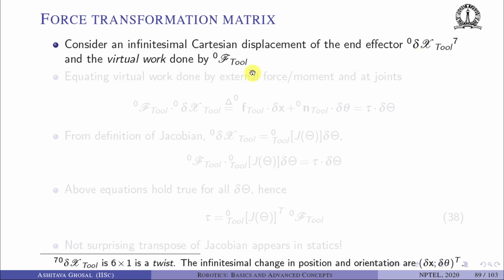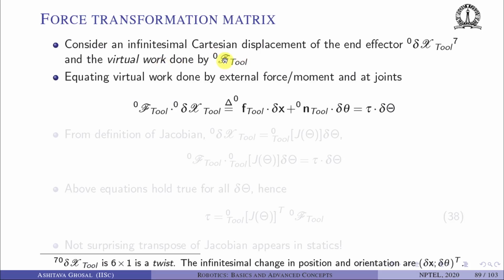Okay, so the virtual work done by this force and moment which is acting on this end effector, the virtual work done by the external forces and moments, can be equated to the virtual work done at the joints. So what is the virtual work done by the end effector?